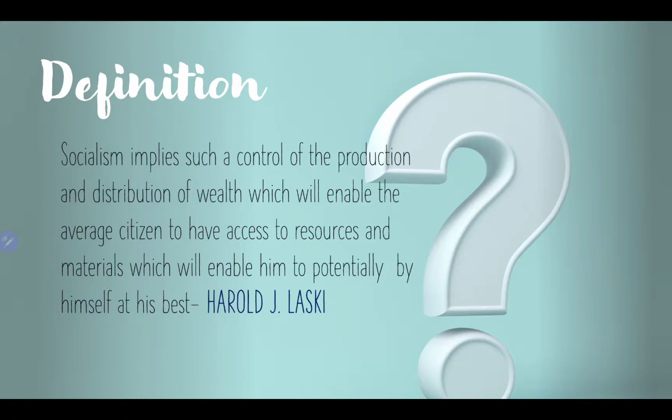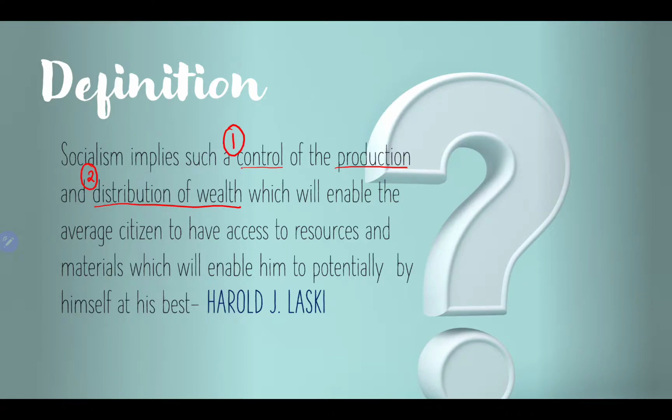I have pointed out the definition of liberalism by Harold J. Laski, and in socialism also I will be pointing out Laski's definition of socialism. Socialism implies such a control of production and distribution of wealth. Control of production, number one.